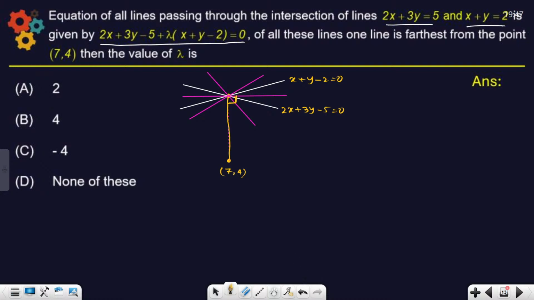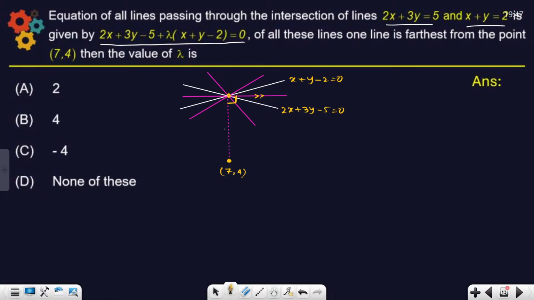That is, when the line joining this point and that point through which the lines are passing is perpendicular to that line, then only this distance will be the maximum distance.